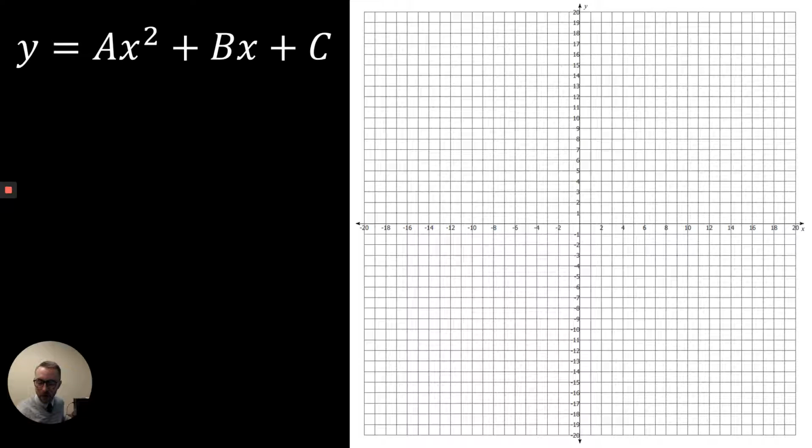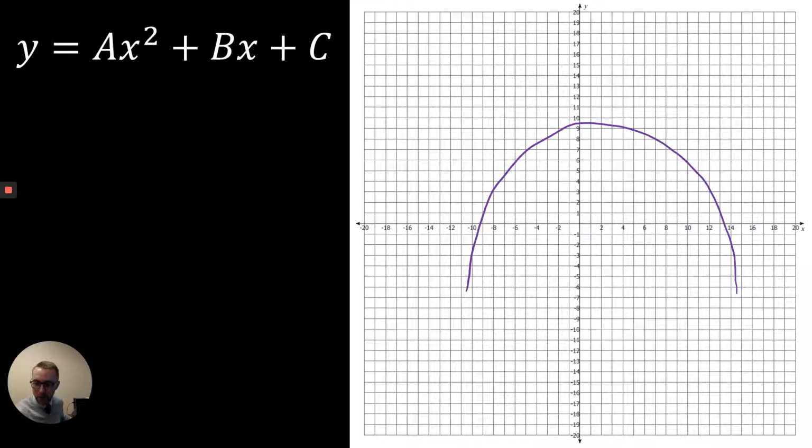So just as review, when we're looking at quadratic functions, they're going to appear on a graph as a curve. So they might look like this, or they might look like this. They're going to appear as a curve, either curving up or curving down. However they appear, they're going to cross the x-axis twice.